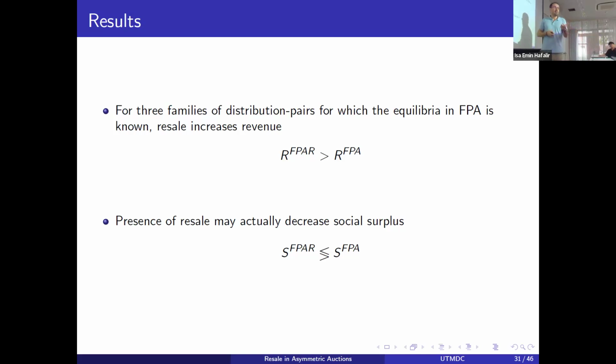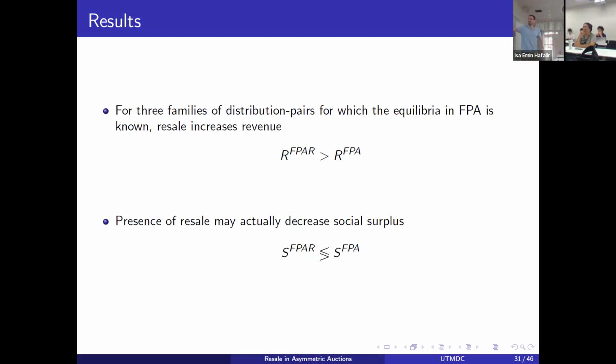But what we show in the paper is that due to this anticipation of resale, the result in the auction may be so inefficient that the efficiency gains made by resale are not high enough to compensate for the inefficiency due to the presence of resale.